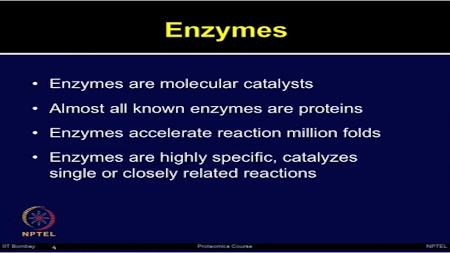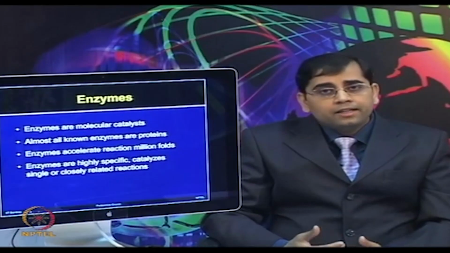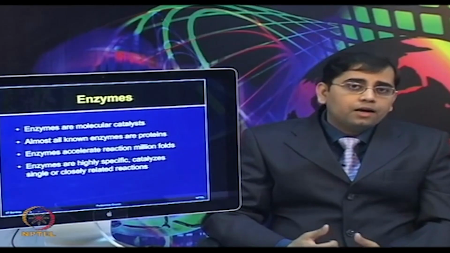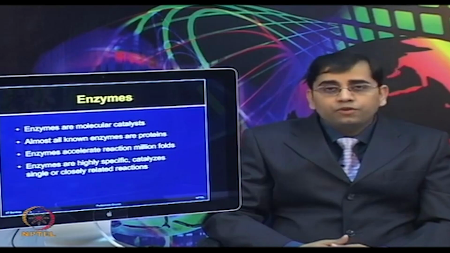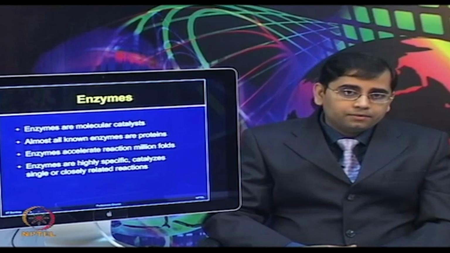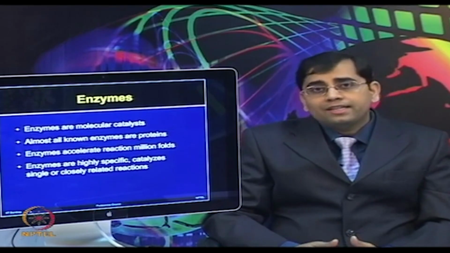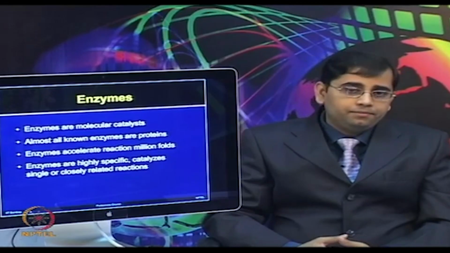These enzymes can accelerate a given reaction up to even million-fold. For example, let us take the enzyme carbonic anhydrase, which catalyzes hydration of carbon dioxide. Now, this enzyme can catalyze 10 to the power 6 molecules per second.